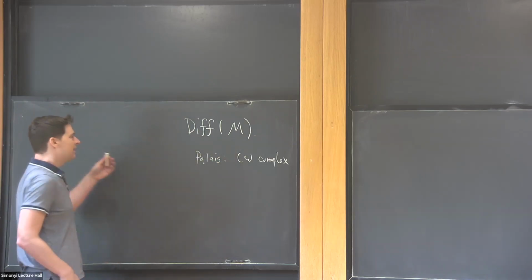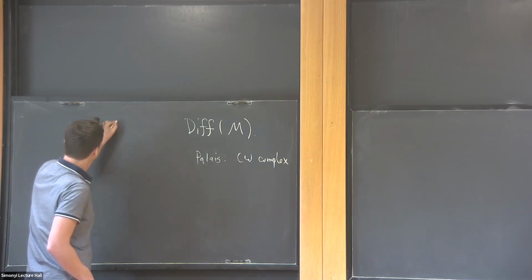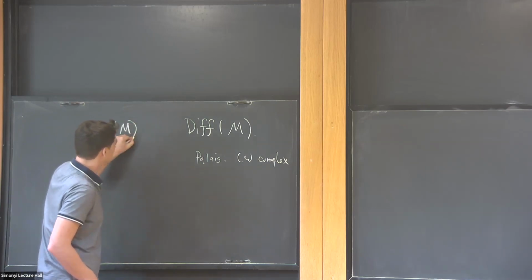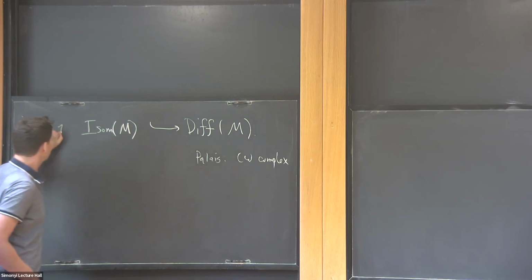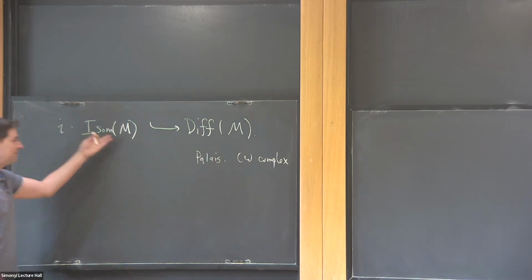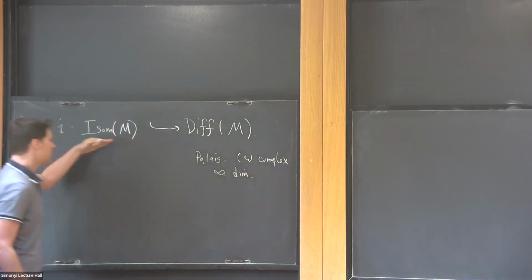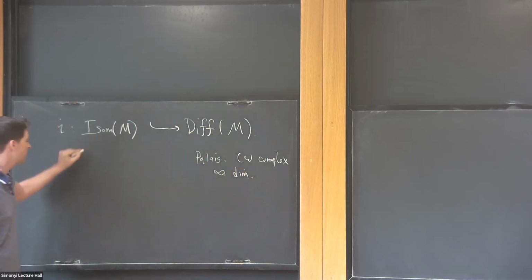If we put a metric on it, then we can consider a nice subgroup of diffeomorphisms, which is the isometry group, which sits inside of the space of all diffeomorphisms. The diffeomorphism group is infinite dimensional, but the isometry group for any metric is always a finite dimensional Lie group.